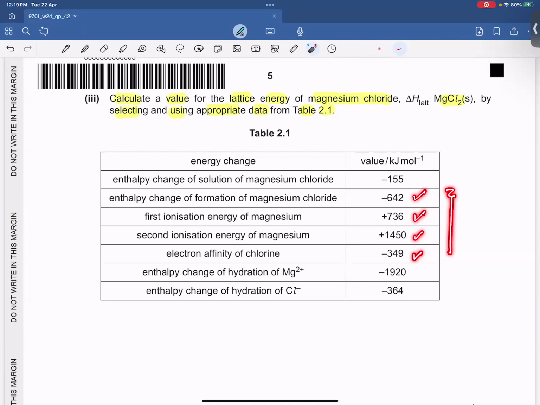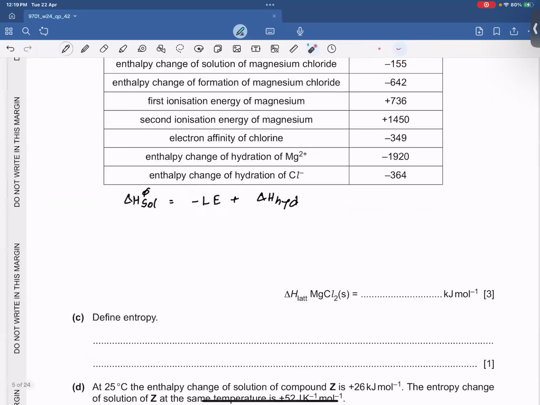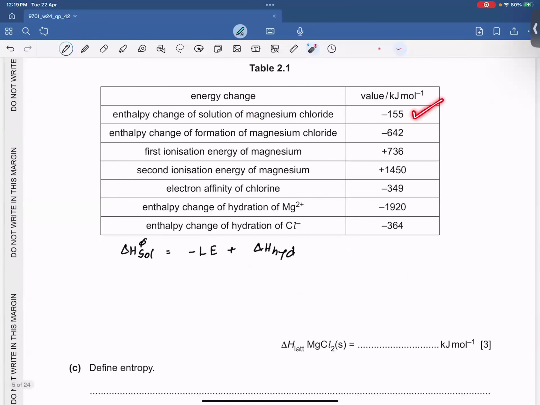That indicates that we have very limited data to apply the Born-Haber cycle, which means we'll go for the other possible method, in which I'm going to use standard enthalpy change of solution equals minus lattice energy plus hydration enthalpy. So I'm going to use this formula to calculate the lattice energy because the solution value is already given.